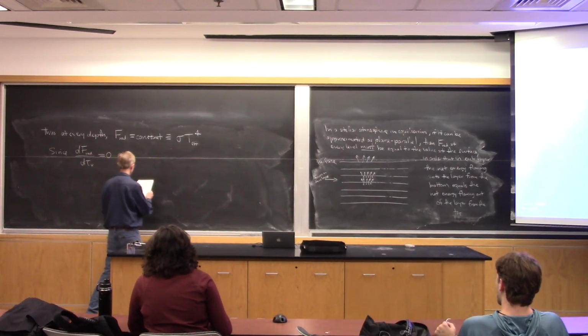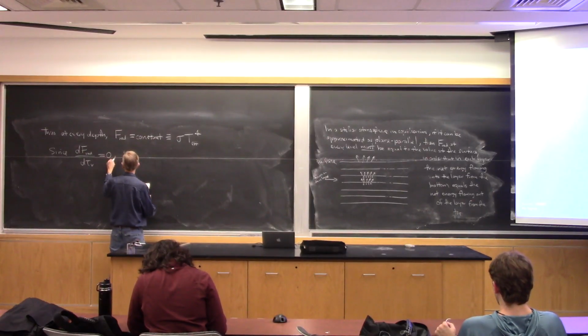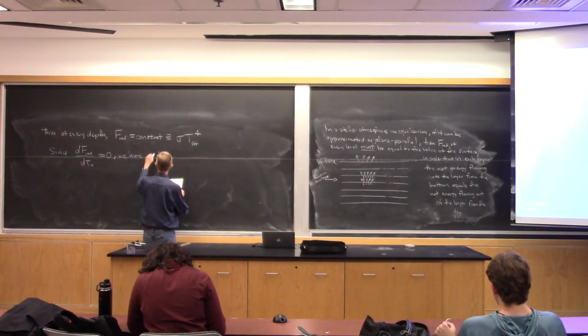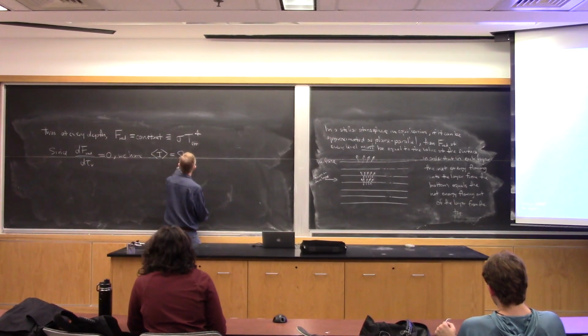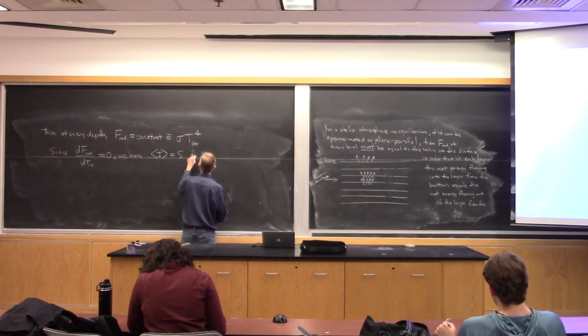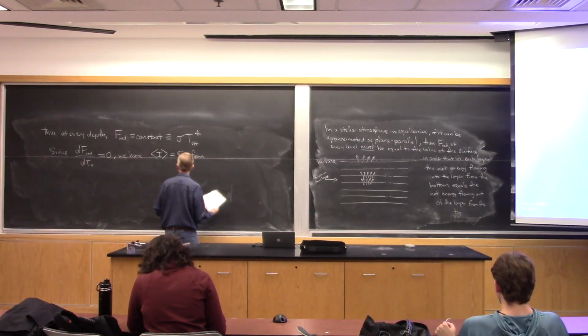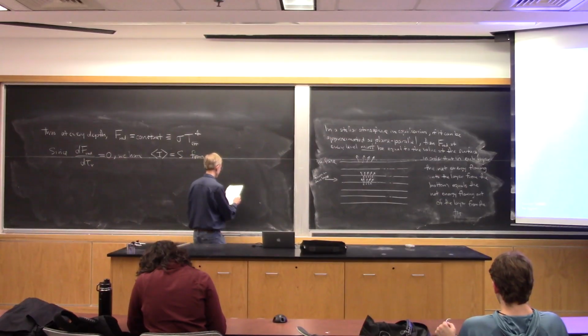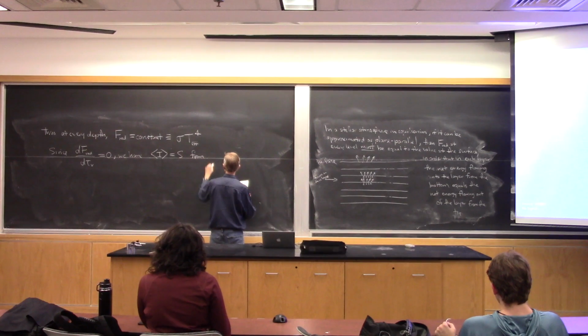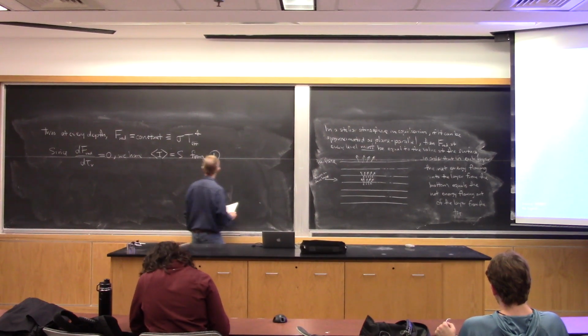Since dF rad d tau b is 0, we have that the mean intensity is equal to S from equation 1, because equation 1 said the derivative of the radiative flux is mean intensity minus S times 4 pi. So if it's 0, the mean intensity is equal to the source function.